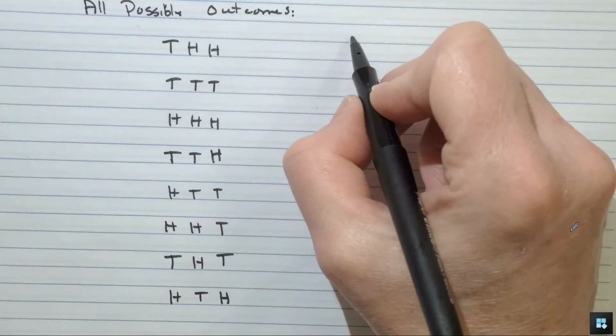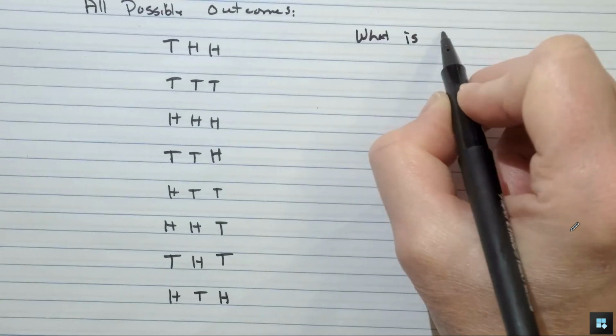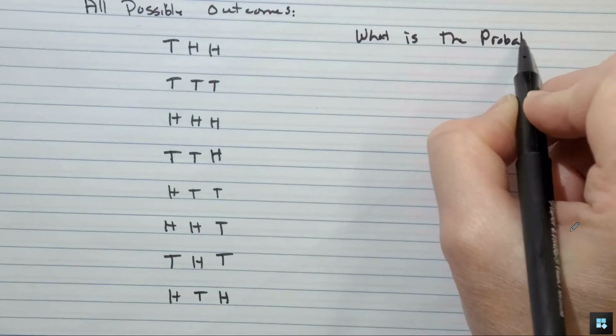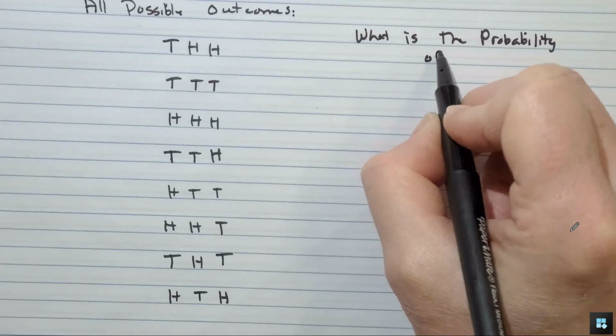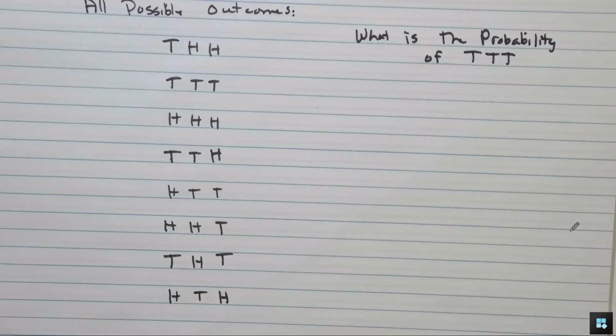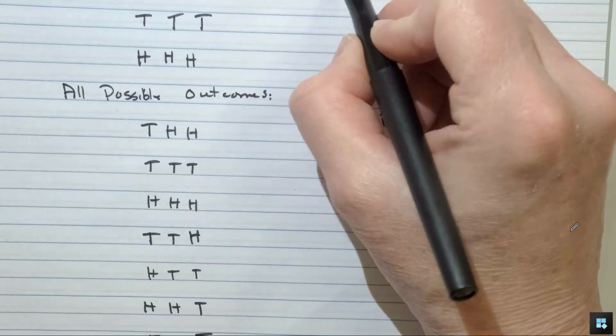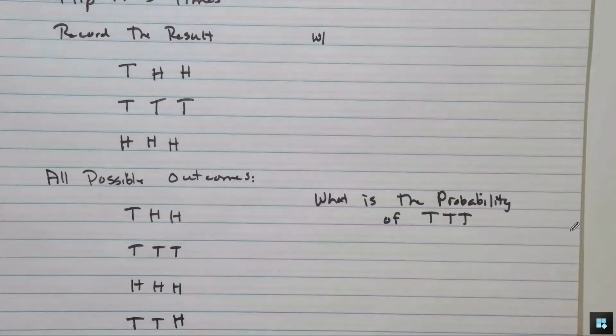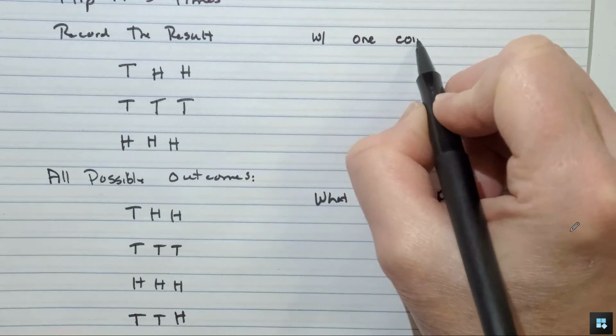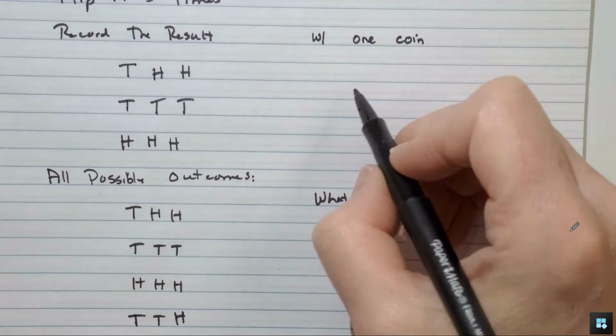So let's look at this and think about what is the probability of tails, tails, tails. We didn't really talk about what probability is yet, did we? Well, when you just toss one coin, what's the probability of getting the head?